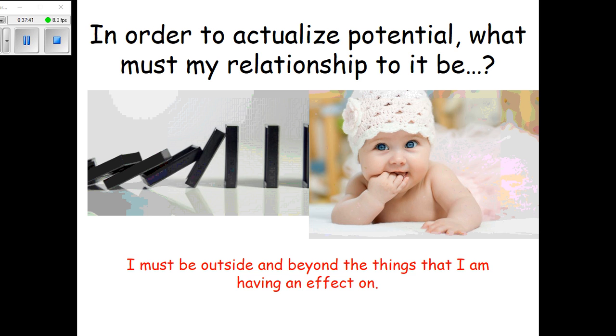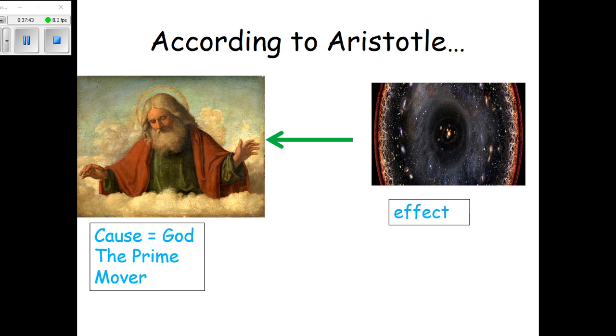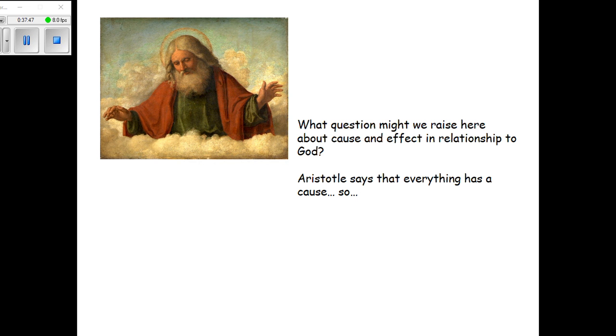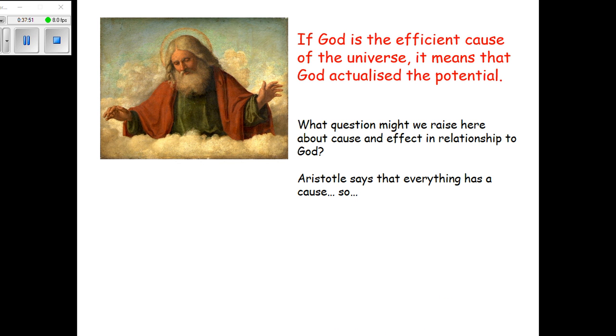You have to be outside. So cause and effect have to be separate to each other. So what this means is that God is the efficient cause of the universe. God is outside of the universe. And God actualized the potential. So there was a potential world, and then God actualized it. He created it in one moment.